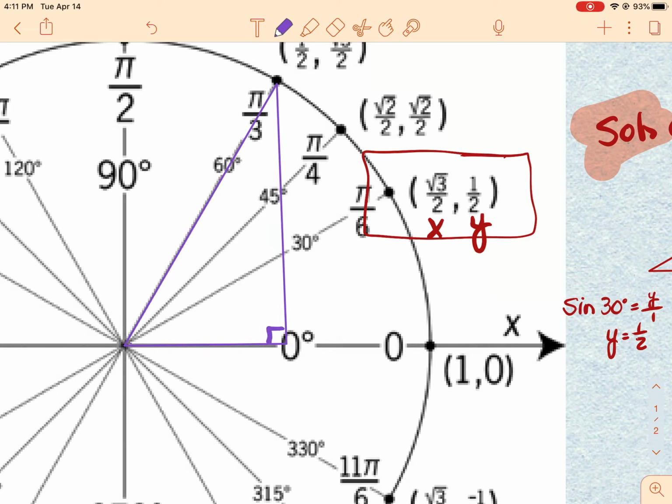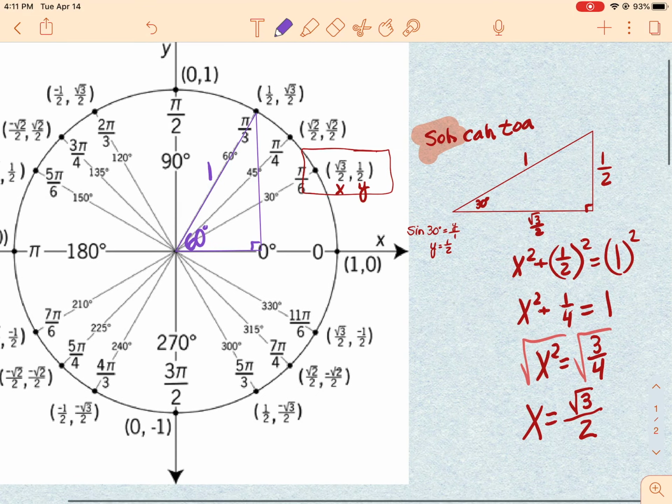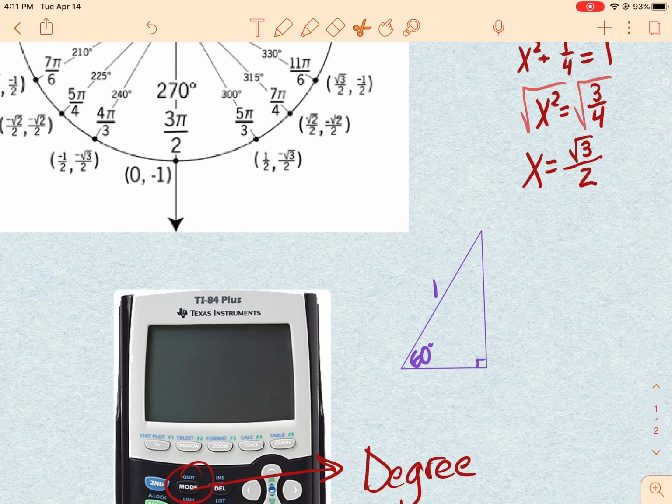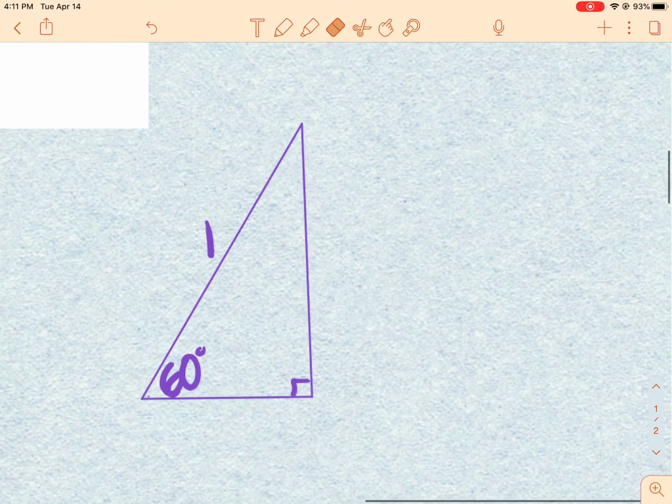I'll look at that triangle. And that 60 degrees, again, is right here. And in the unit circle, the radius is 1. So I take that and move it over out of the way where we could work with it.